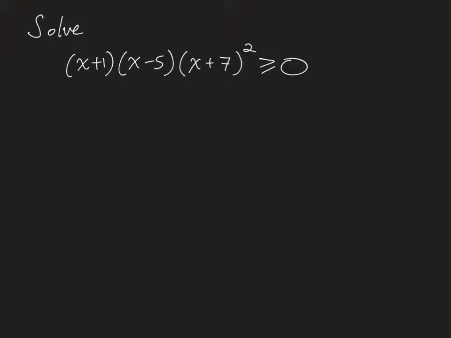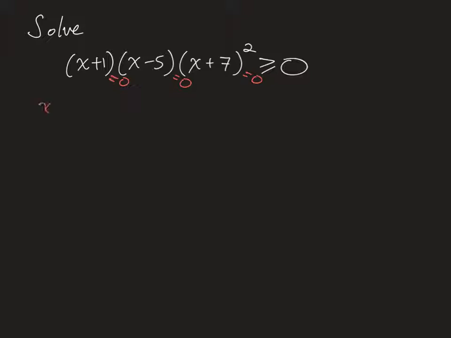Starting out relatively easy because I want to make sure the zeros are easy to find, or the x-intercepts. So to find that, when this is a polynomial inequality, we have to make sure that we set each of these equal to 0 and solve for x. Remember, factored form is the easiest form to find x-intercepts.